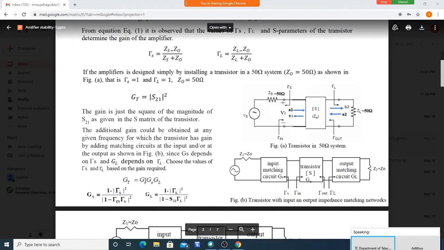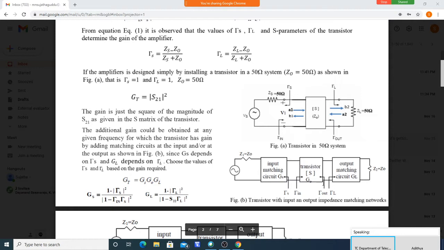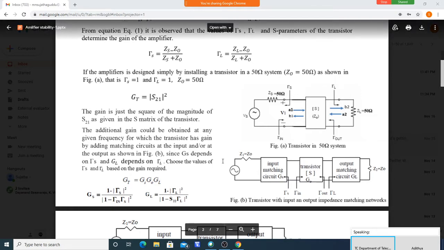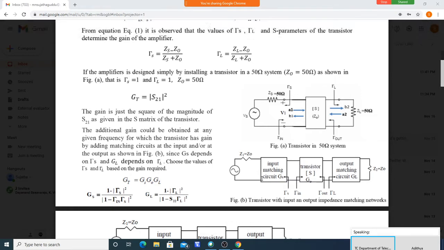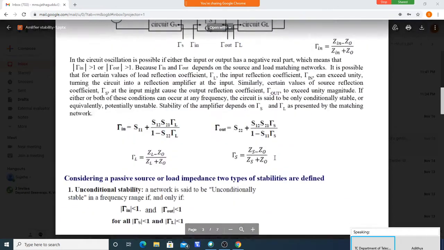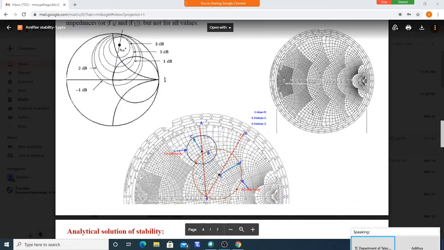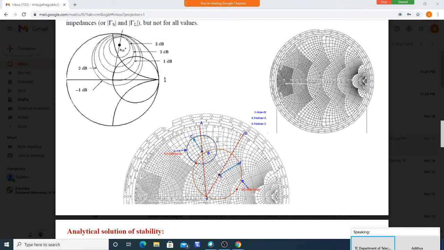To get additional gain, we should do the input matching, and we have ZS here and ZL here. It is other than 50 ohm, and ZS is any one value over the circle on the Smith chart. These are the gain circles we plotted in the previous class. This is the input gain circle and this is the output gain circle we drew. This is a 2 dB gain circle and this is a 1 dB gain circle.